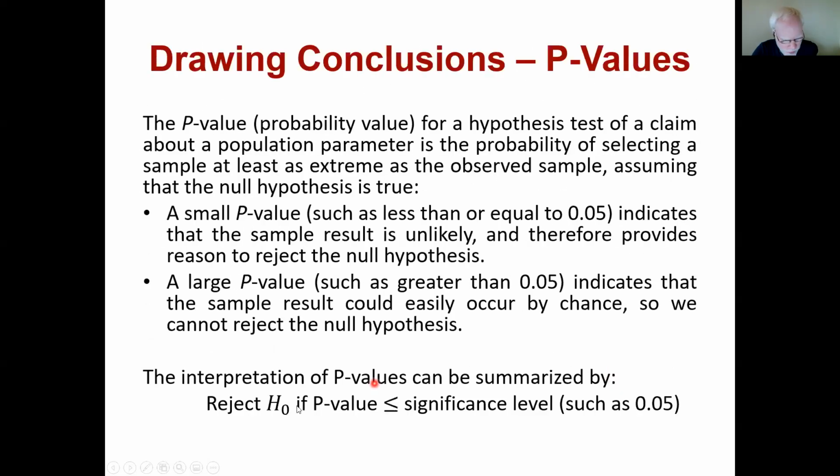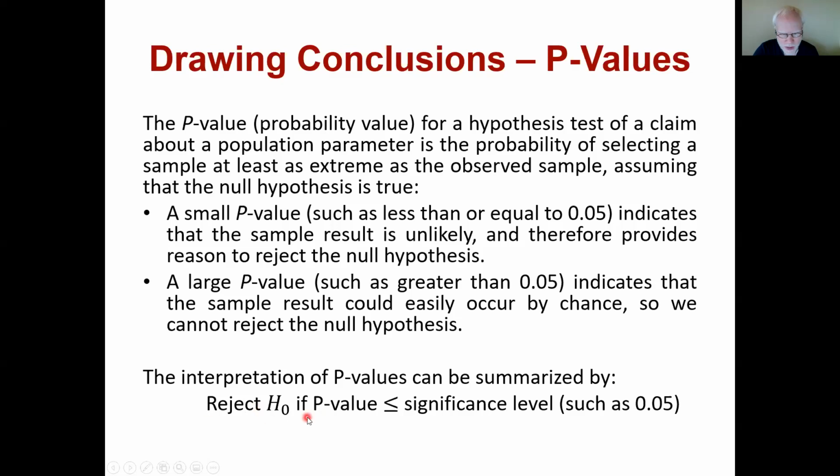So again, using this formulation, if we're going with, say, the 0.01 level, we reject H naught. So we reject H naught, that the proportion is equal to 50%, if the p-value is less than our chosen significance level, either 0.01 or 0.05.